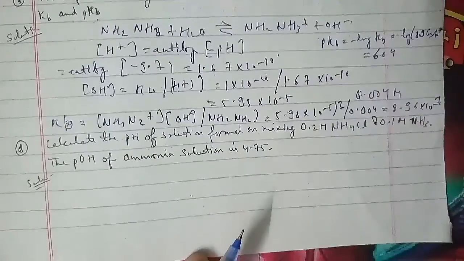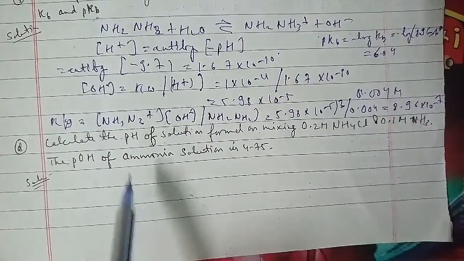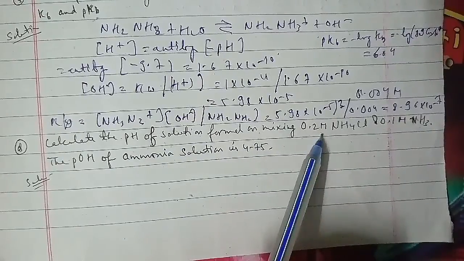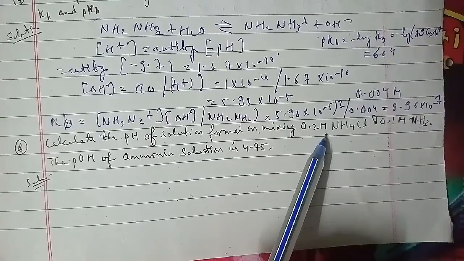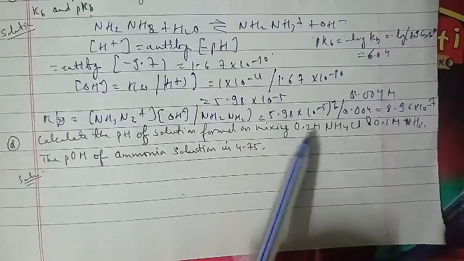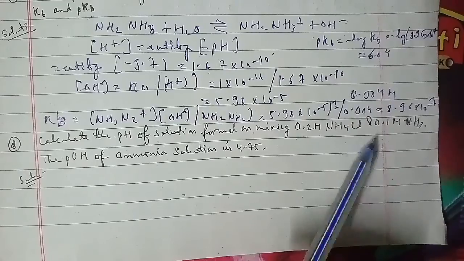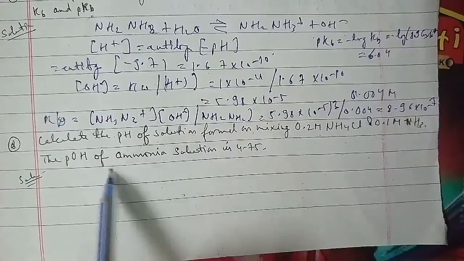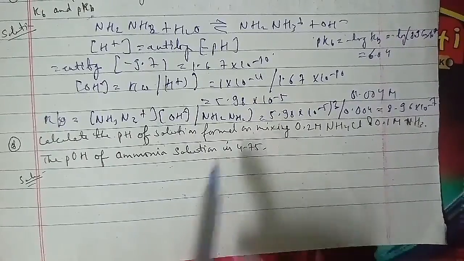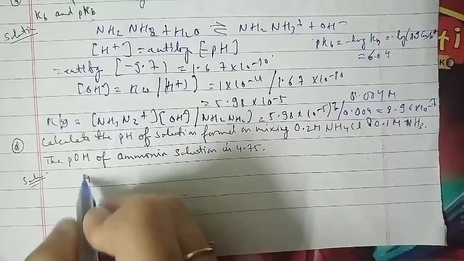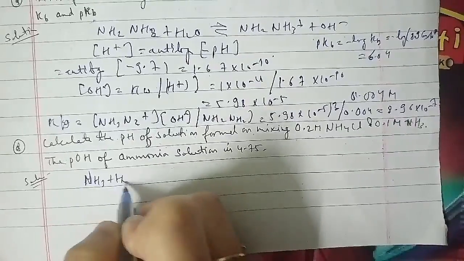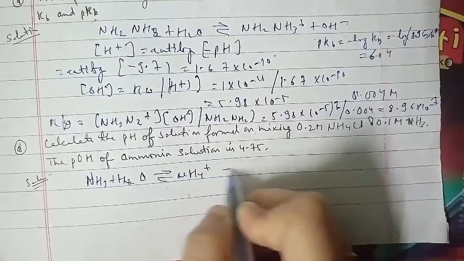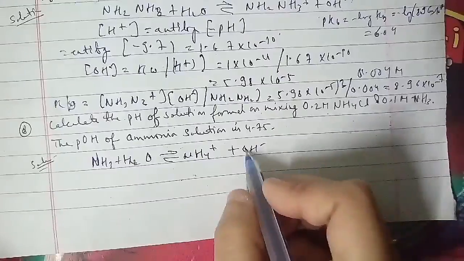Now we'll find out the next question: to calculate the pH of the solution from mixing 0.2 mole of NH4Cl and 0.1 mole of NH3, given that the pKb of the ammonia solution is 4.75. The equation is NH3 + H2O gives NH4⁺ + OH⁻.